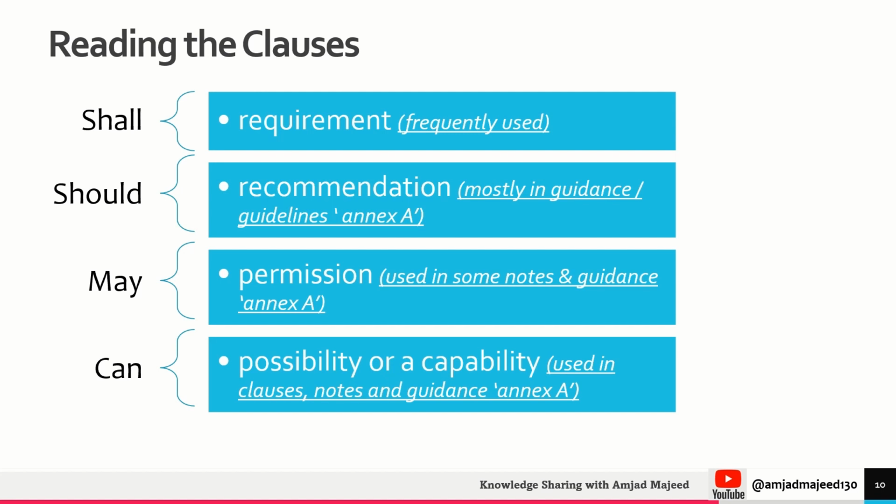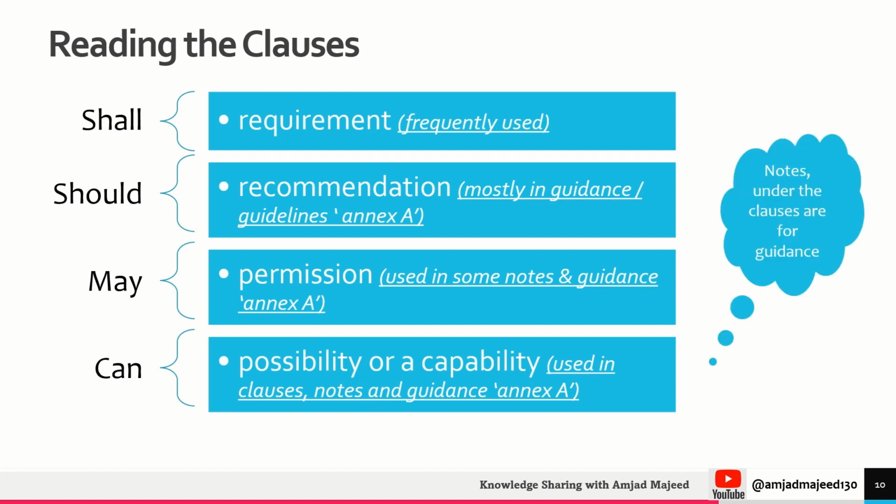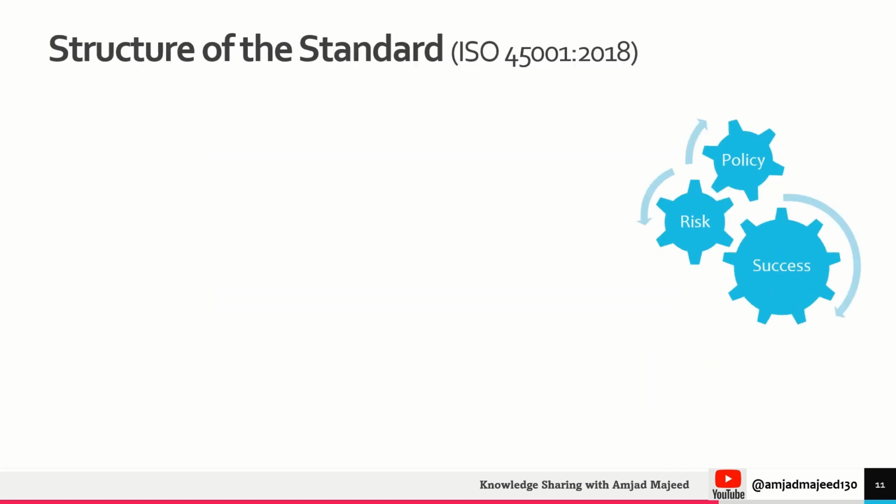So shall, should, may, and can you will find in the standard, and that is the understanding of that. Now notes, once you have notes under some of the clauses, these notes are not auditable. Okay, these are just guidance or the clarification of whatever is being said in the clause itself.